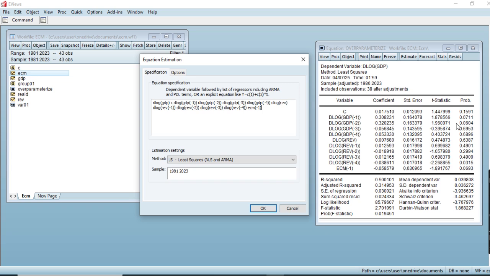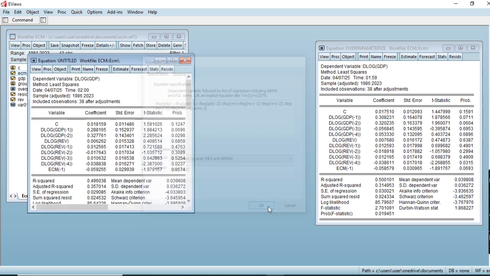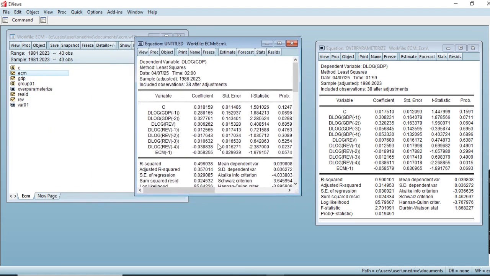Now we've seen, let us take out GDP at lag 3 and 4. Let's see what becomes of the model. Take them out. Okay, this is what we have.